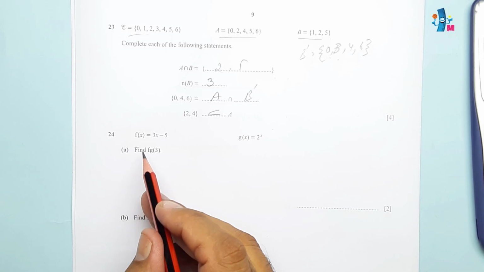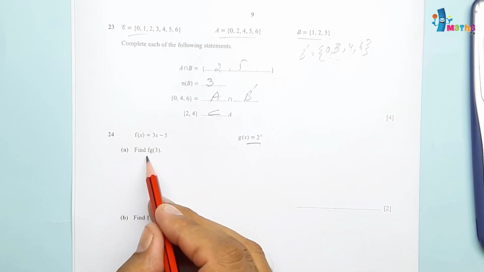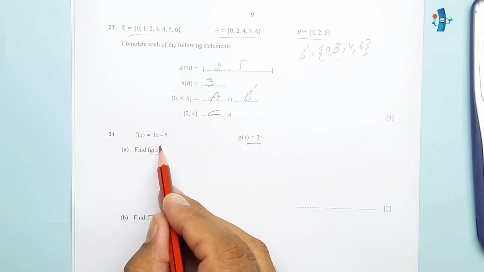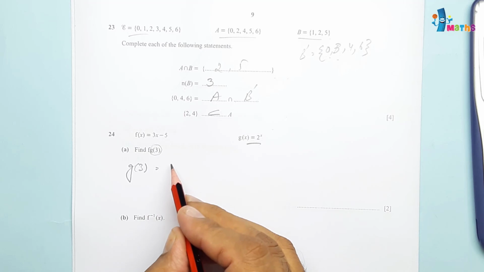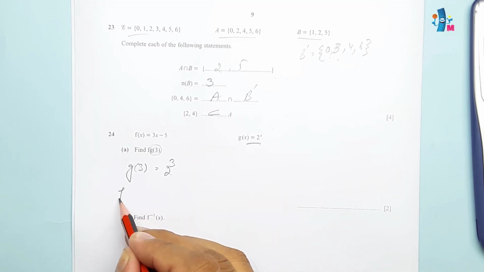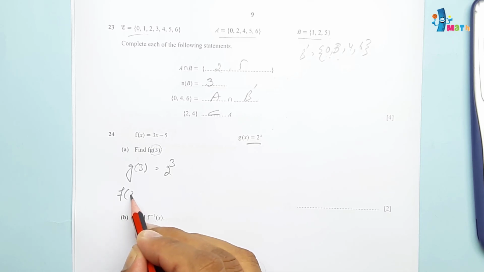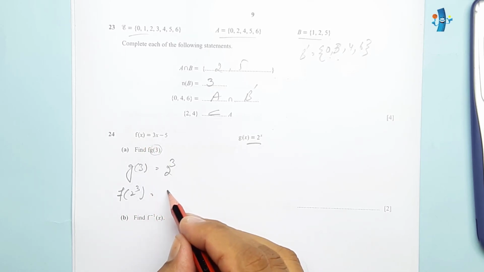Then question number 24, f of x is equal to 3x minus 5. G of x is also given. Find this f of g of 3, first we will calculate. G of 3 will be equal to 2 raised to the power 3, this one. And then f of g of 3 means 2 raised to power 3 will be equal to, we'll replace x by 2 raised to power 3.